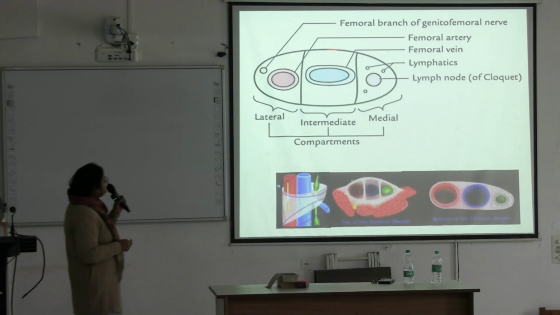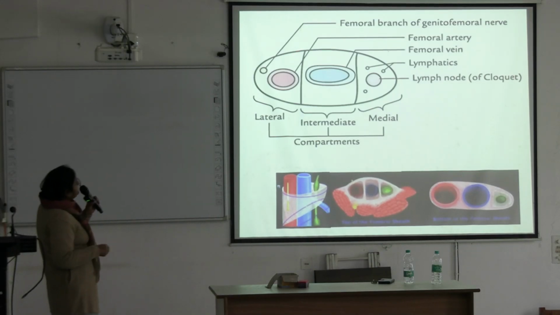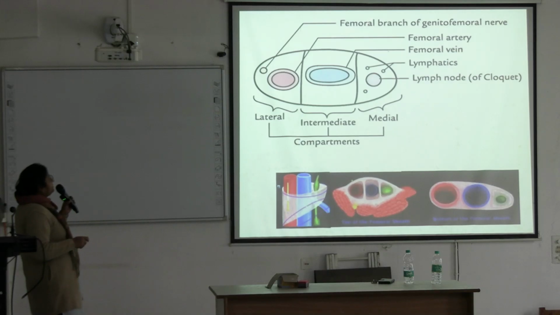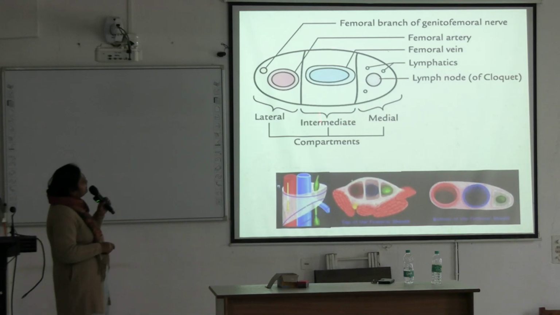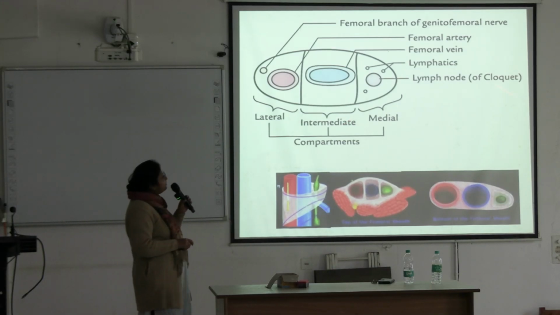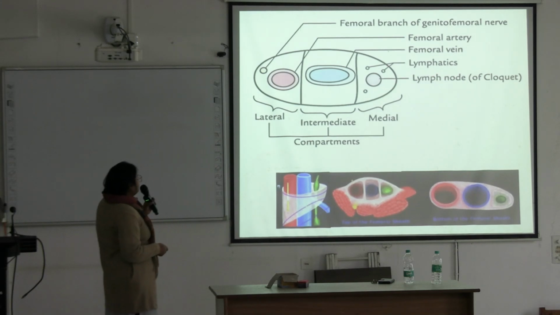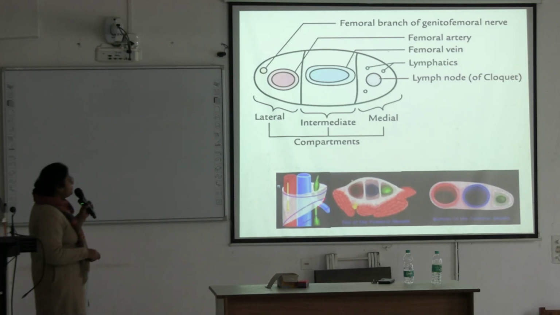See here the schematic diagram, a cross section through the femoral sheath. The lateral compartment contains the femoral artery and femoral branch of genitofemoral nerve, the intermediate compartment contains the vein, and the medialmost compartment, the femoral canal, contains the lymph node of Cloquet and some lymphatic vessels.